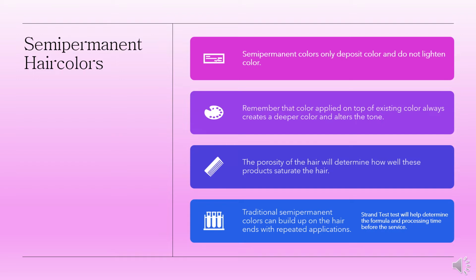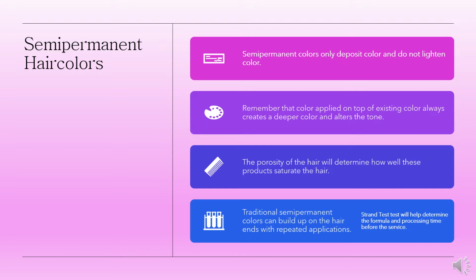The porosity of the hair will determine how well these products saturate the hair. The traditional semi-permanent color can build up on the hair ends with repeated applications. A strand test will help determine the formula and processing time before the existing service.